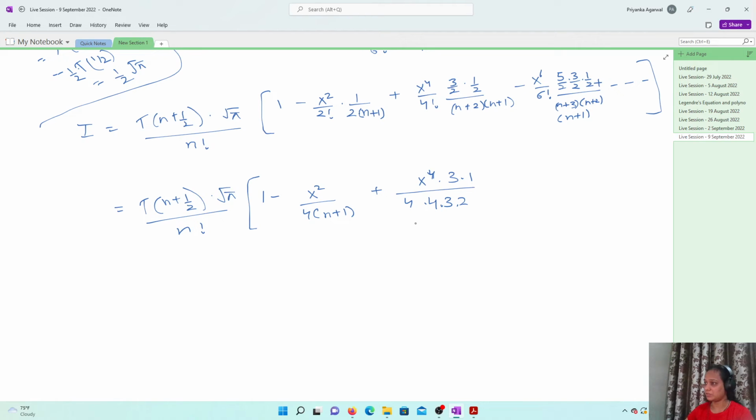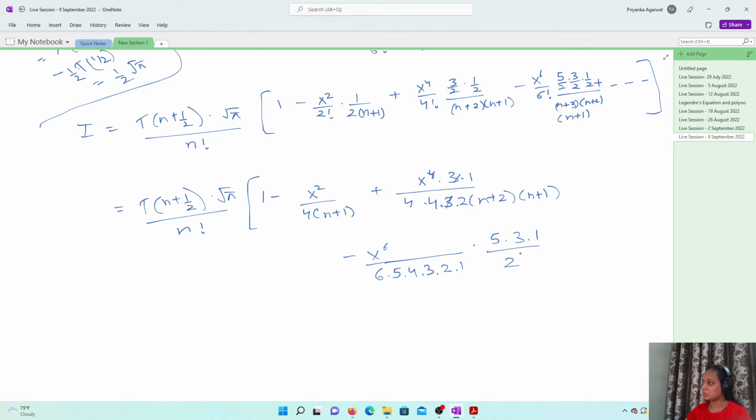This combined we have 4 over there, so this 3 cancels and then we have n plus 2, n plus 1, and in the other term we have x to the power 6 over 6 factorial. Again we have 6, 5, 4, 3, 2 and 1 and at the top we have 5, 3, 1.